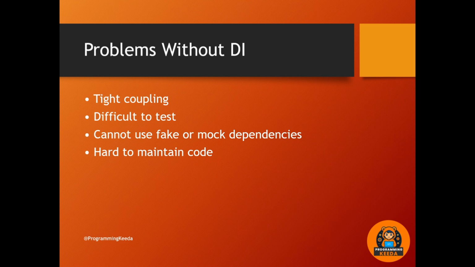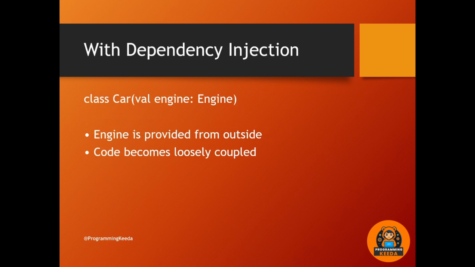When a class creates its own dependency, it becomes very difficult to replace it with a fake or mock object during a unit test. The third problem is maintainability. If the dependency implementation changes in the future, you are forced to modify the dependent class as well. These issues make code harder to maintain, test, and scale in a large application.